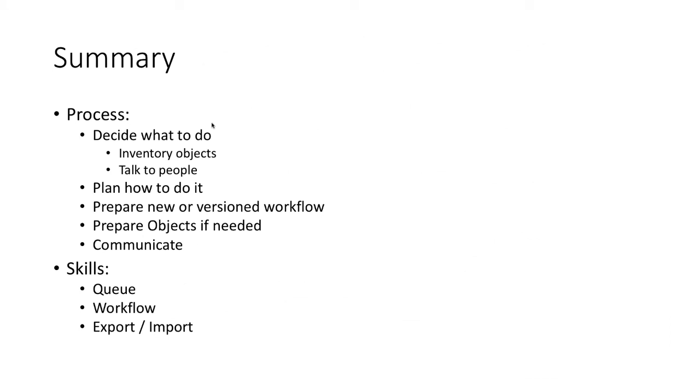Then you want to make a pretty detailed plan, and you want to practice with that a little bit in your test environment, prepare the newer versioned workflow, prepare any objects if you need to export and re-import, and then take the action and then communicate. Skills, in addition to the ability to work with workflow, number 2, number 1, can you navigate through the queue feature? And then number 3, are you comfortable with import and export if needed?